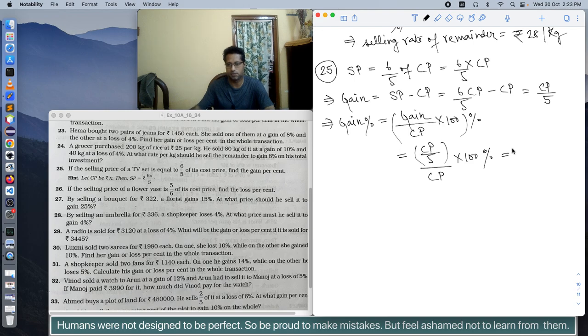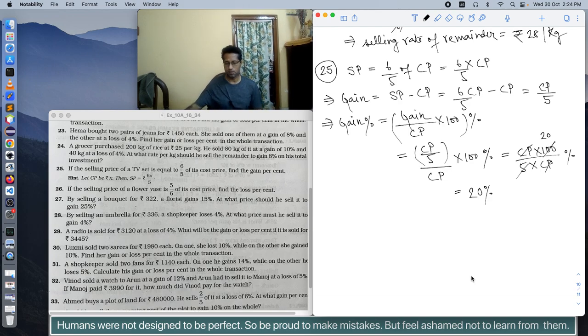This is equal to CP multiplied by 100 divided by 5 multiplied by CP. CP cancels out, 5 divides 100 into 20, so this is equal to 20%. So the gain is 20%.